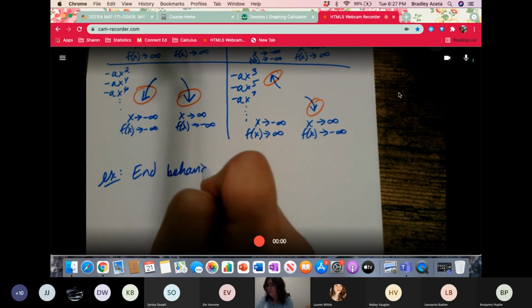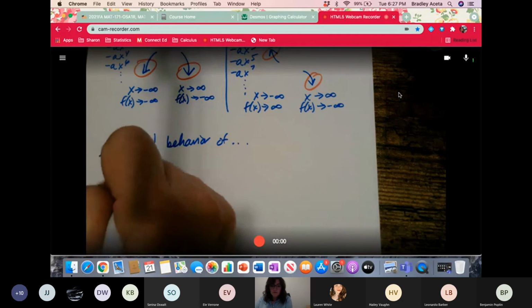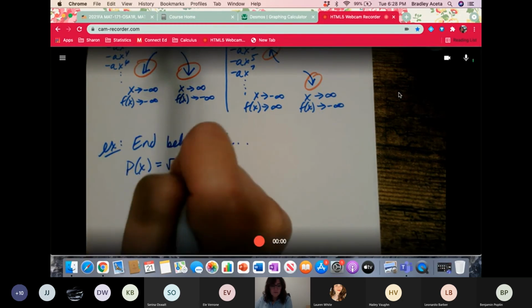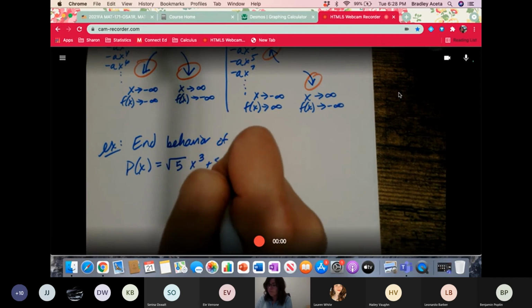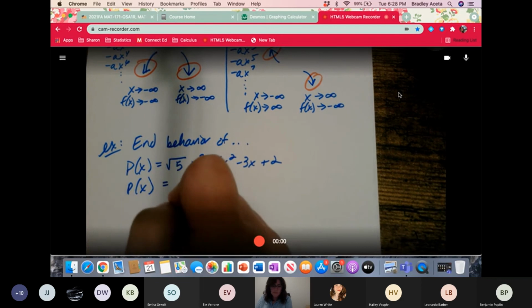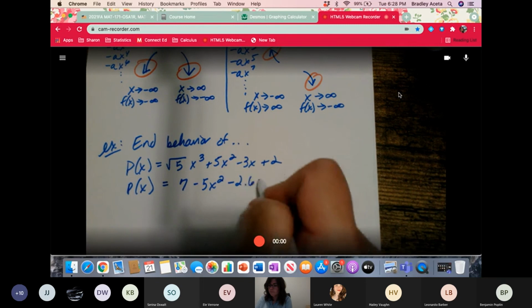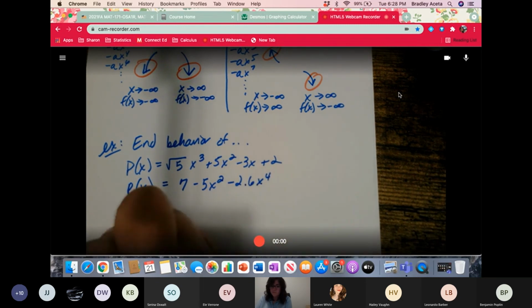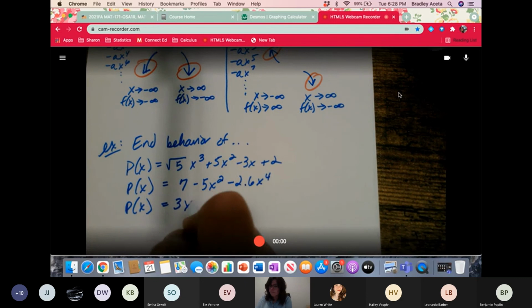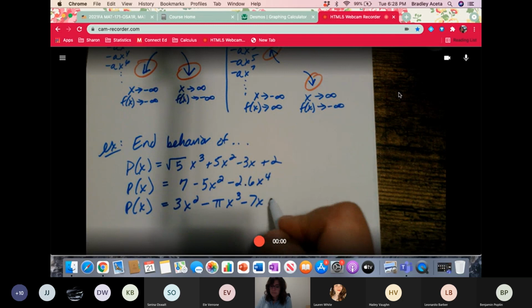The end behavior of P of x equals... So here's just 3 examples of them.